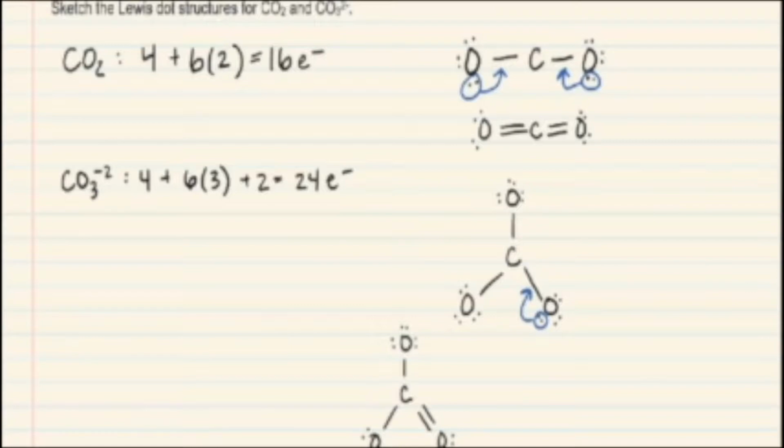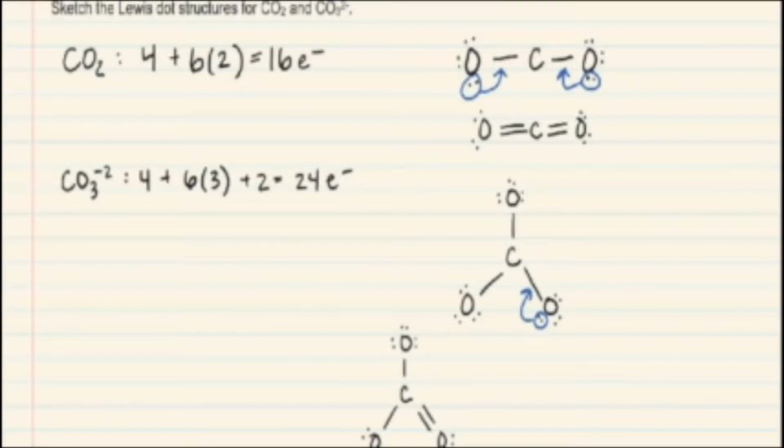In this slide, we will be looking at carbon dioxide and carbonate. The first step here is to obtain the number of valence electrons in each atom. With carbon dioxide, we have 1 carbon and 2 oxygen atoms. Since carbon is in the 4th group, we will have 4 valence electrons.